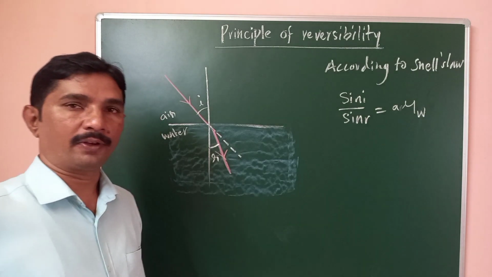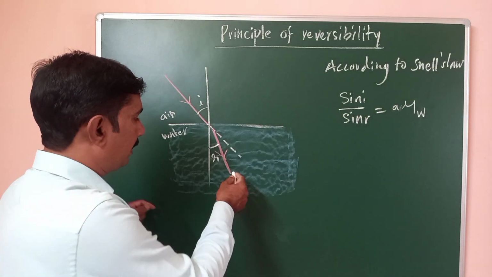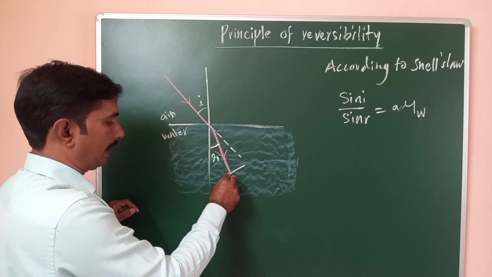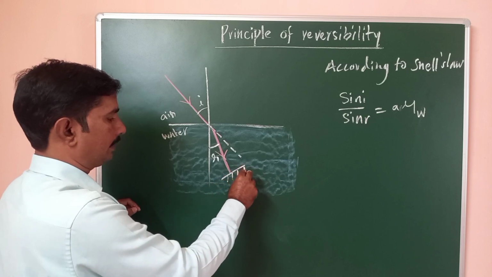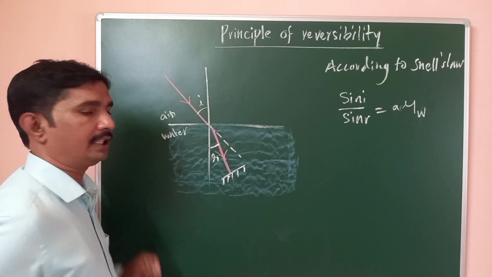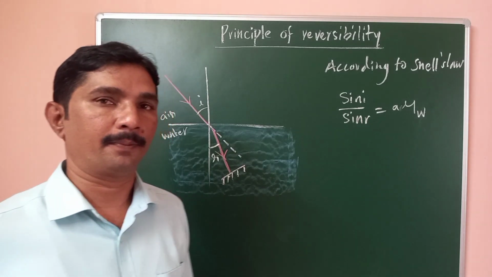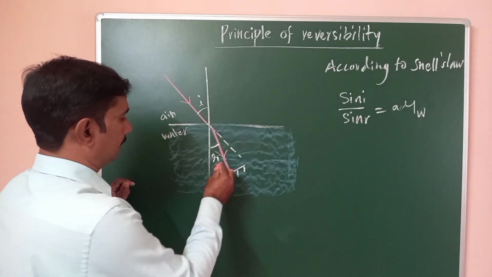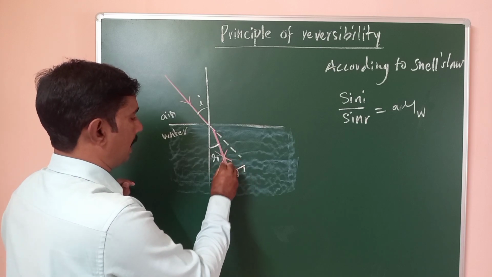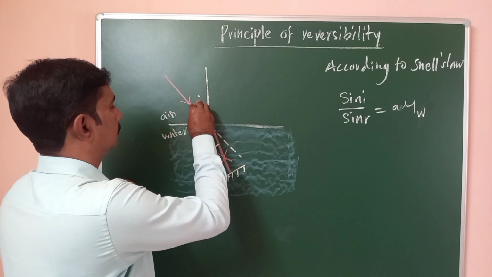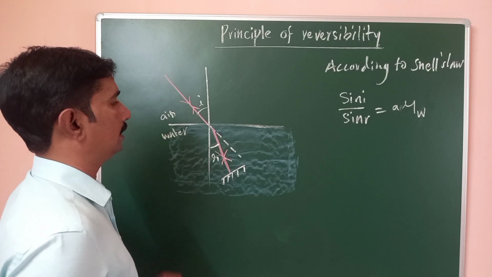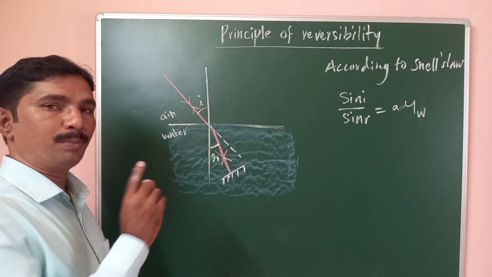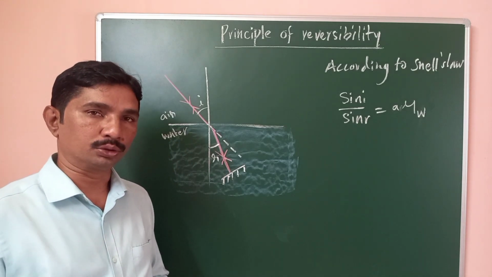According to principle of reversibility, if a mirror is placed here in the path of the refracted ray, what happens is the light ray travels back in the same path and goes.